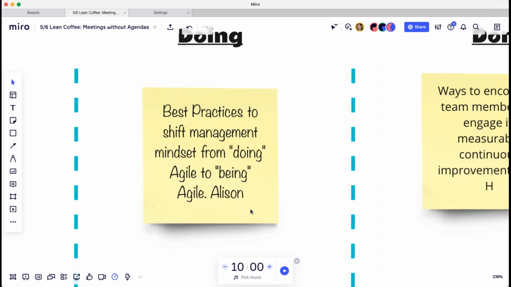Sure, happy to, thank you. So I heard a lot in the change management workshop that I was leading last week that these people have issues with managers that don't walk the talk, right? They want their teams to be agile rather than just doing agile, yet they're still micromanaging things.